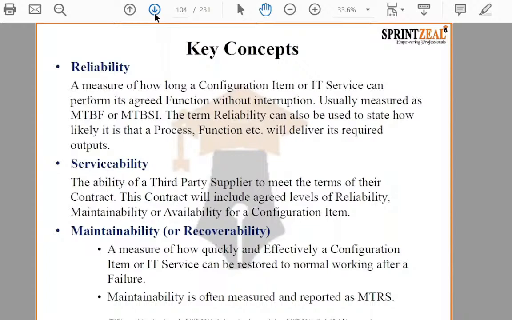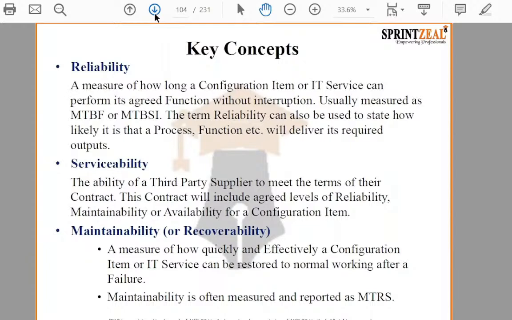I haven't really seen that acronym used too much. Is it service interruption? Service interruption, yes. The term reliability can also be used to state how likely it is that a process or function will deliver its required outputs. So it's a key concept of availability. Got it.